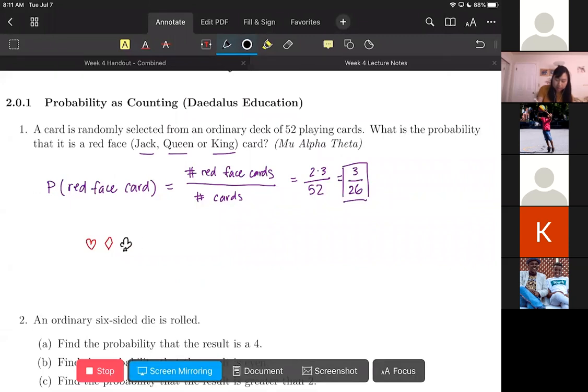I can't draw spades. And then for each suit, there's 13 different cards. There's ace, and then 2, 3, 4, all the way to 10. And then there's jack, queen, king. So that's what makes up a deck of cards. So then if we want to count the number of red face cards, we know there's 3 face cards per suit, and then there's 2 red suits.